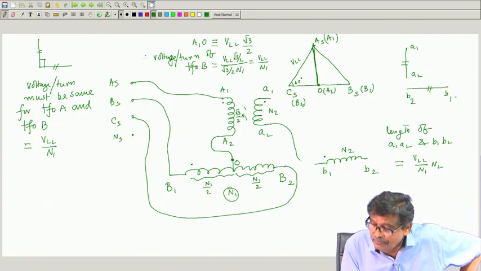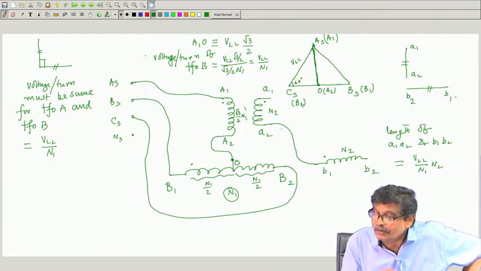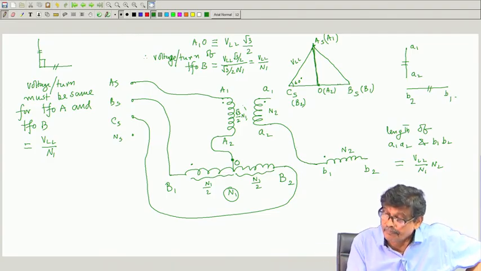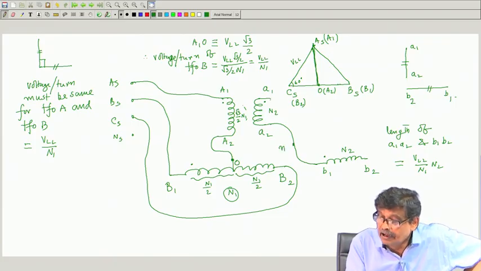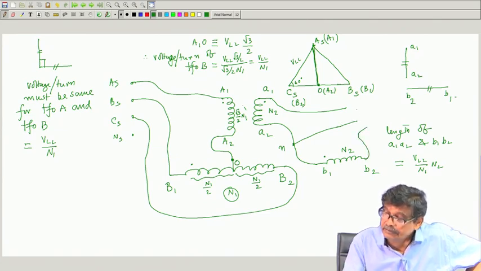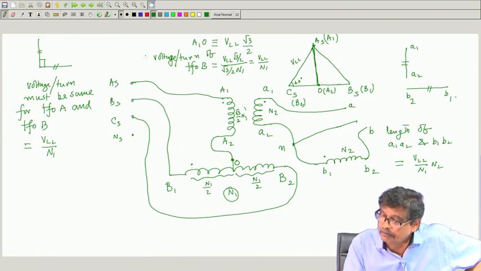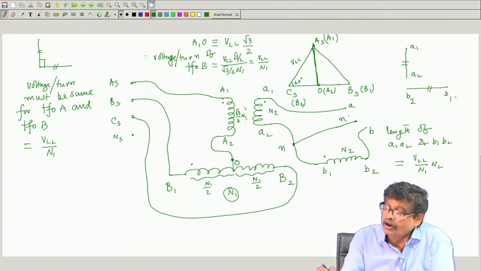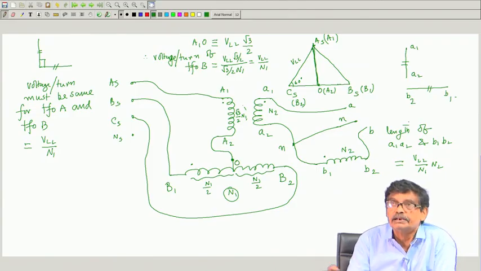If that be the case, then I will now join A2 and B2 to create the neutral of the 2 phase system, and I will take output 3 terminals. One will be marked as A, another will be marked as B, another will be neutral. So, the moment you join, these two phasors cannot remain in isolation.